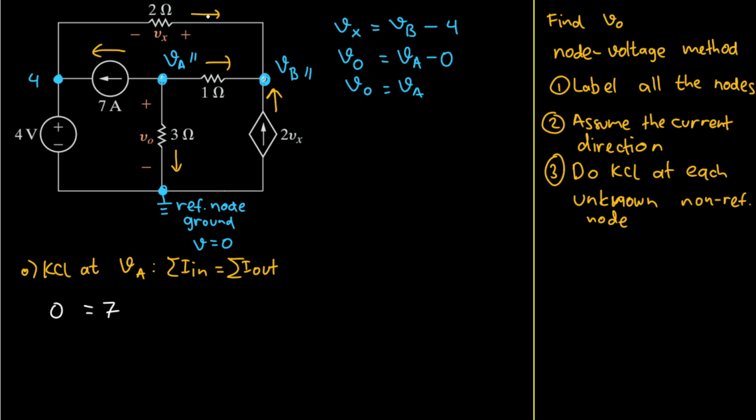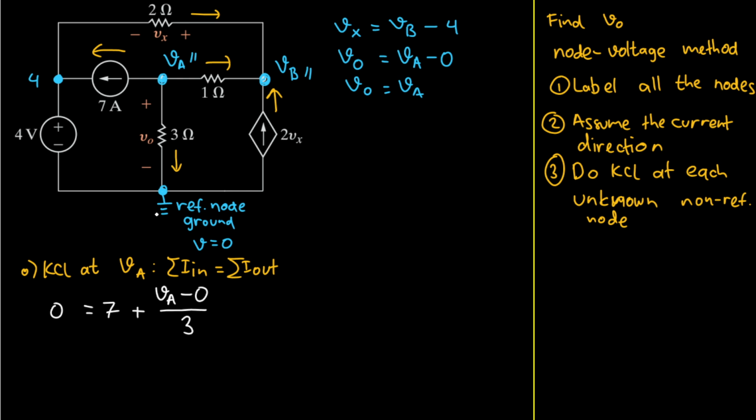And then I will have plus this current here. The only thing we know is that this is VA and 0. The current comes from VA and goes to 0, so I will have VA minus 0. But this is voltage. We need current, so we divide by the resistance between them, which is 3.